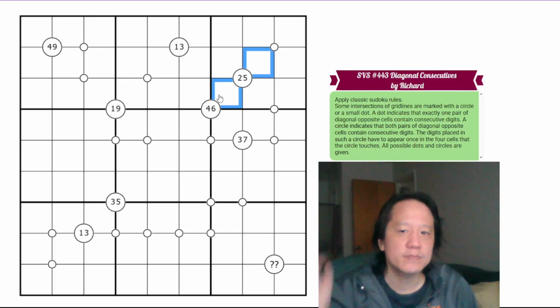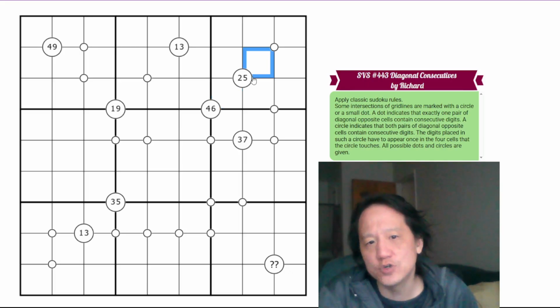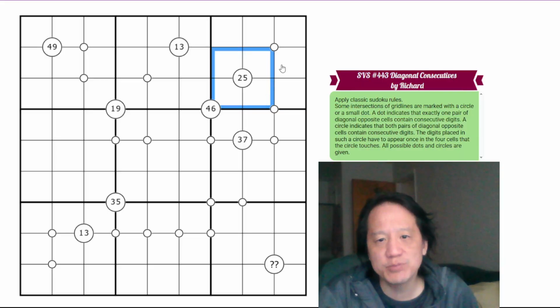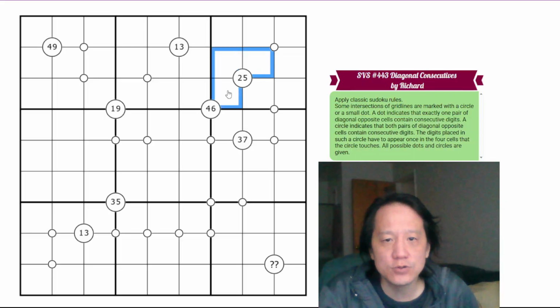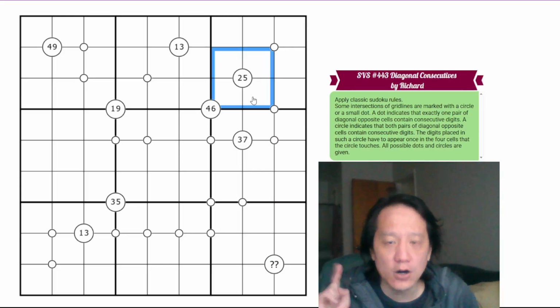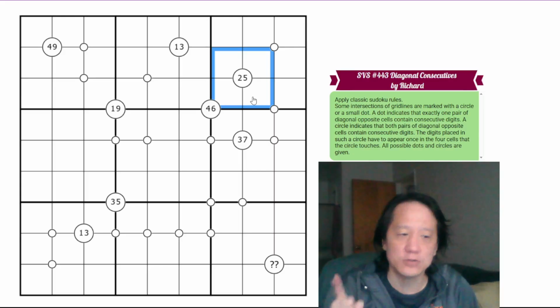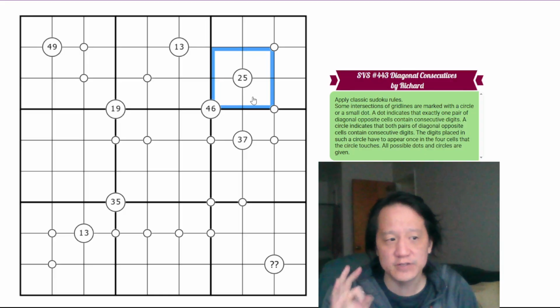And these also act as quad clues, where the digits placed in such a circle have to appear once in the 4 cells that the circle touches. And all possible dots and circles are given. So there is a negative constraint here.